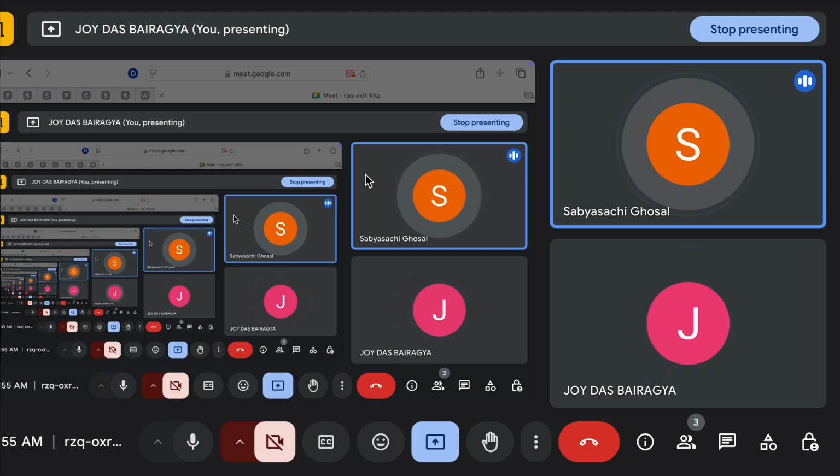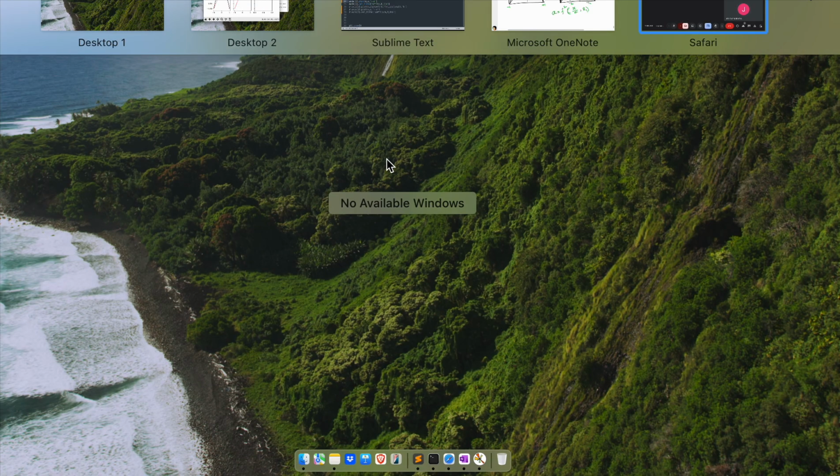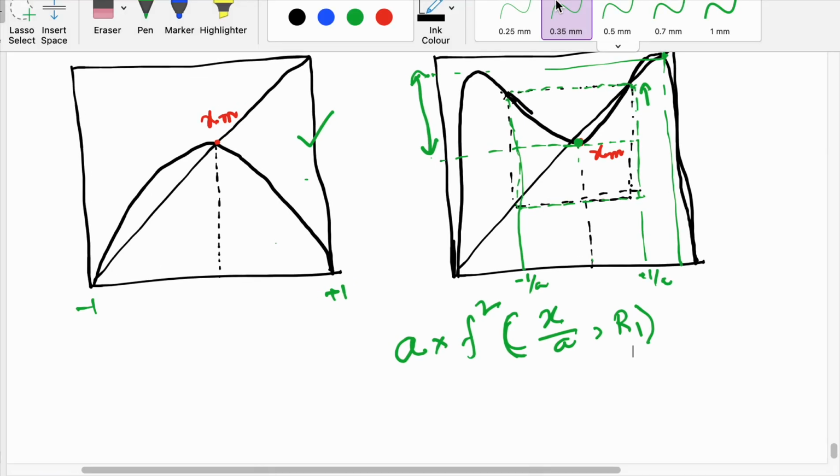Exactly, it is flipped. That is the point I am going to talk about. So it is actually flipped. That's why we have to reverse the direction of x and y. So we have to take this point to -1 by a and this point to +1 by a. What do we have to do? We have to take this a as -a, a negative number.